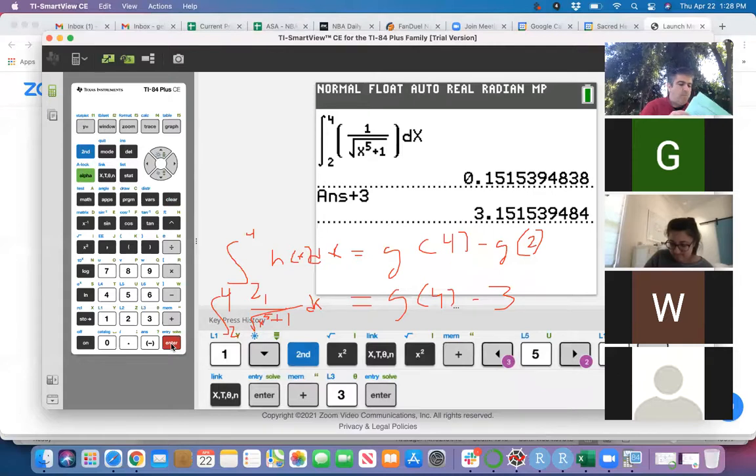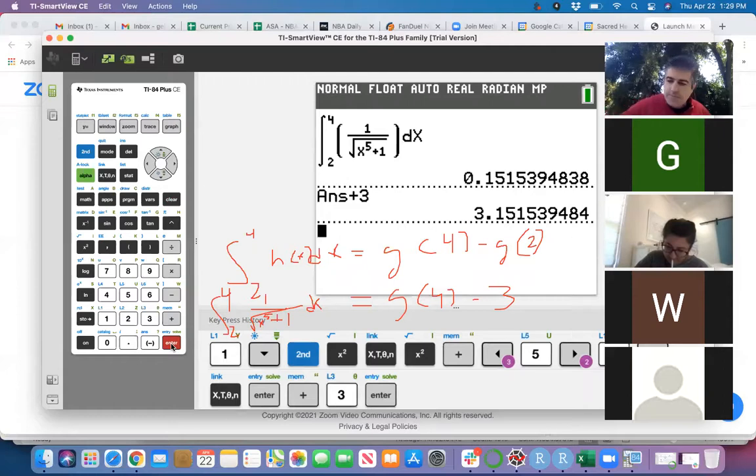Now I might have you guys try 7 on your own. Number 7, the derivative of function f is given by the following. On what intervals is it decreasing?